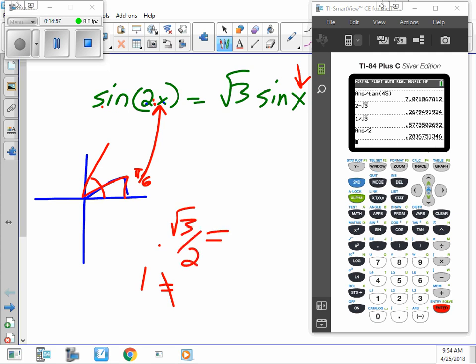What happens when I put pi sixths right there? The sine of pi over 6 is 1/2. Root 3 over 2 times 1/2 is root 3 over 2. Okay? So one of my answers is pi over 6. Okay? Does that happen again somewhere else? Probably in 3. Why 3?